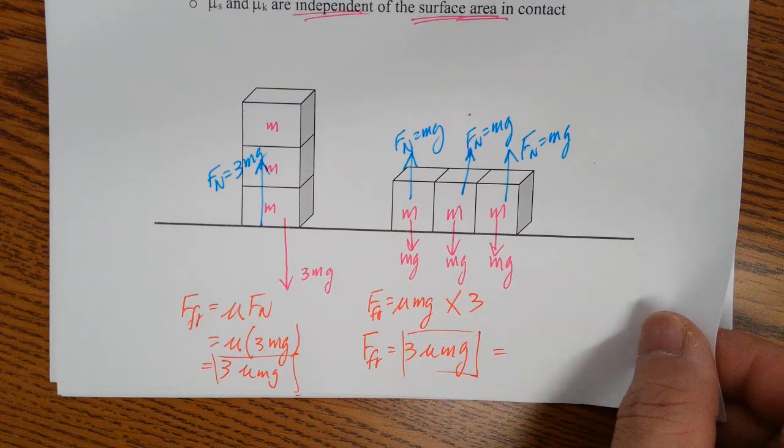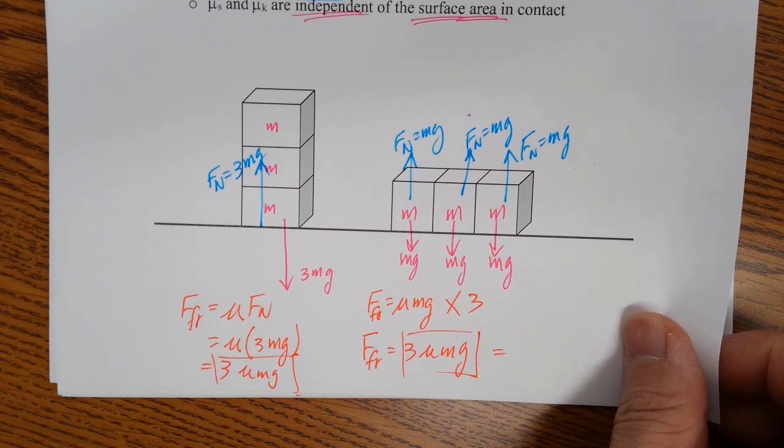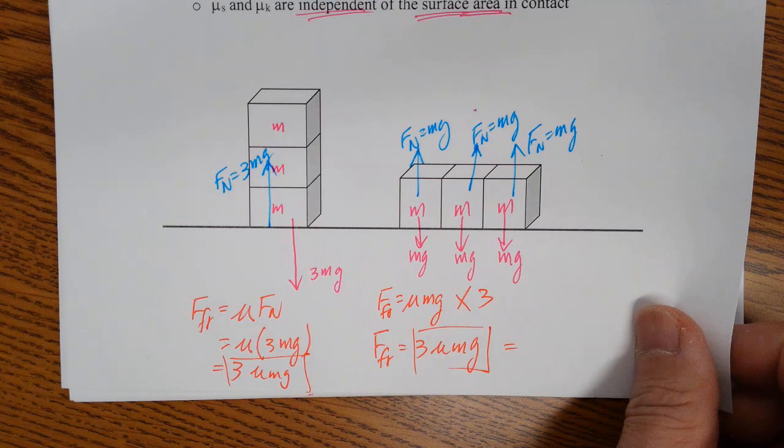All right. Now the direction of friction will always be in the opposite direction of motion. There are some cases where the friction will act in the direction of motion, and that's very rare.